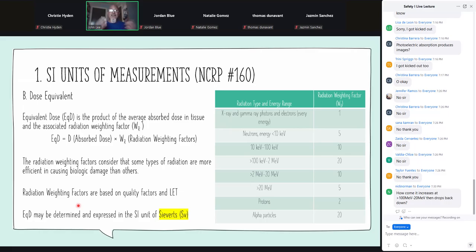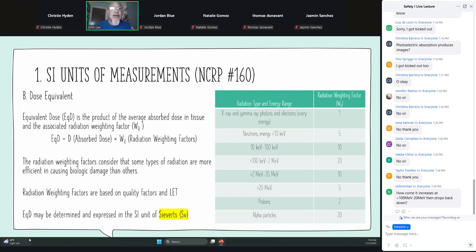Even though the dose absorbed was the same as the one for X-ray, because of the radiation quality, we can understand the dose equivalence now. Remember, it is in sieverts or millisieverts. Millisieverts is just a prefix.